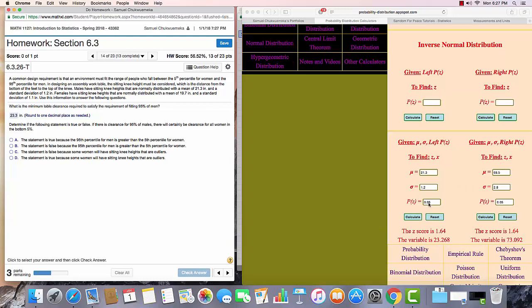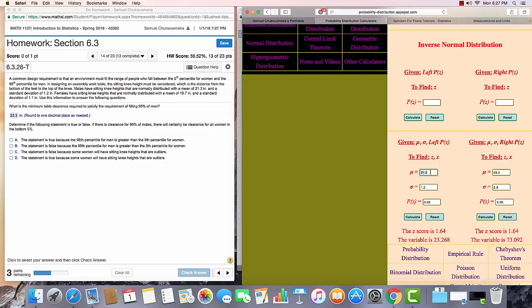So let's do it for women, bottom 5%, 0.05, and the mean for the women is 19.7 inches. The standard deviation is 1.1 inches. And we have 17.9. So, of course, it's going to fit that. I just want to show you that this 23.3 is greater than 17.9.